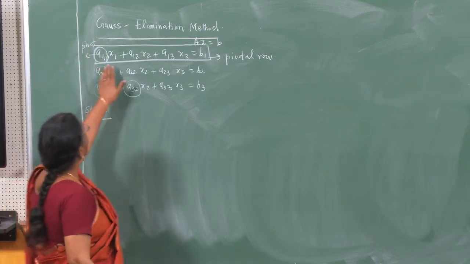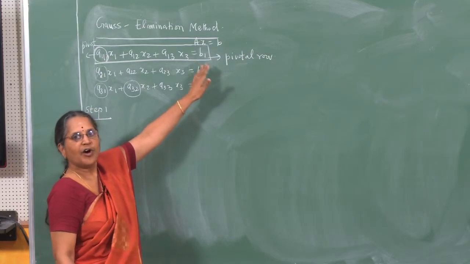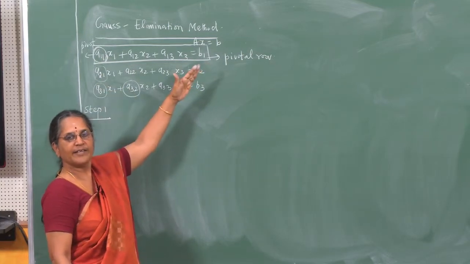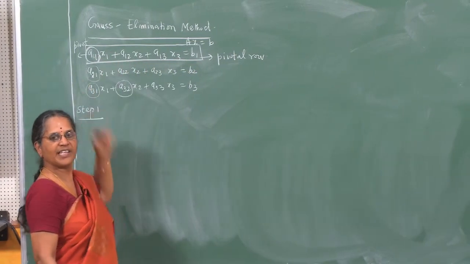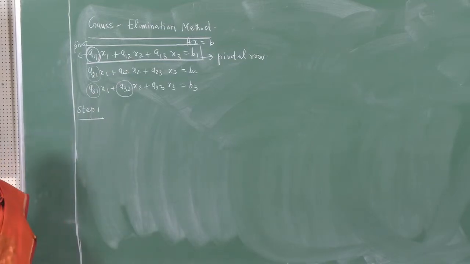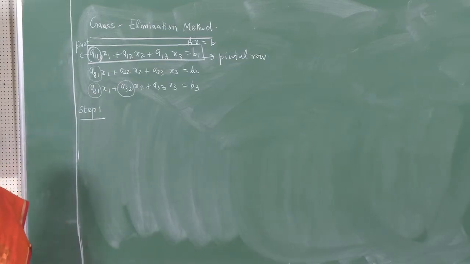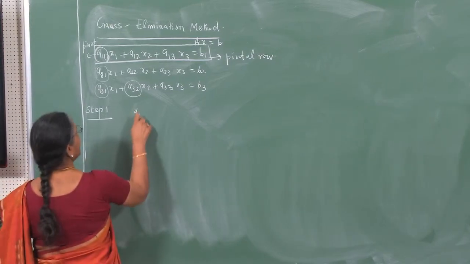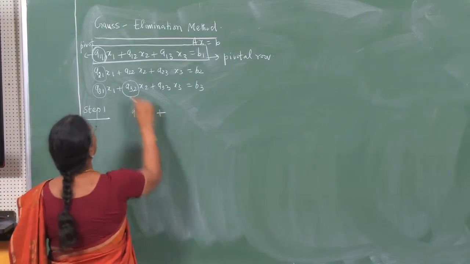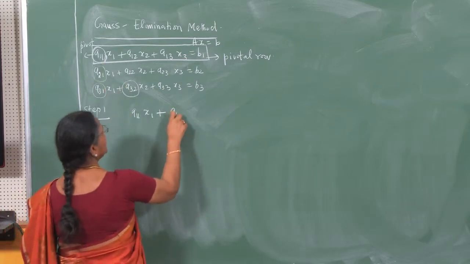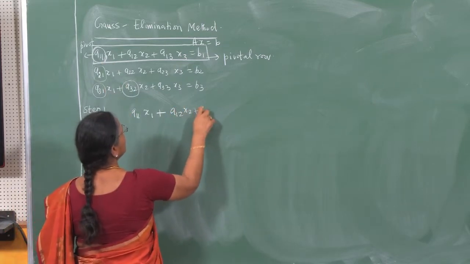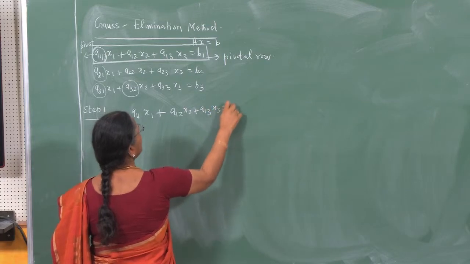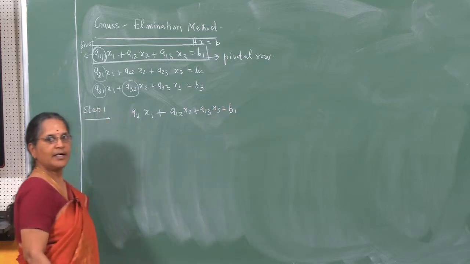So, I take the first equation for the unknown x1 and therefore, I call its coefficient as the pivot and call the first equation as the pivotal equation. So, I keep the first equation as it is and write down a11 x1 plus a12 x2 plus a13 x3 equal to b1. What do I want?